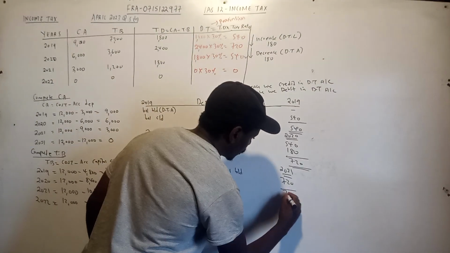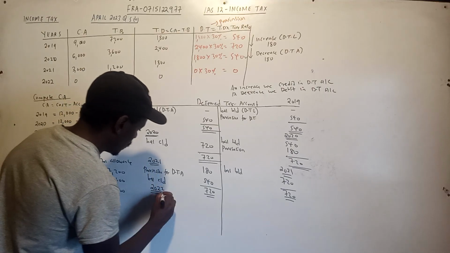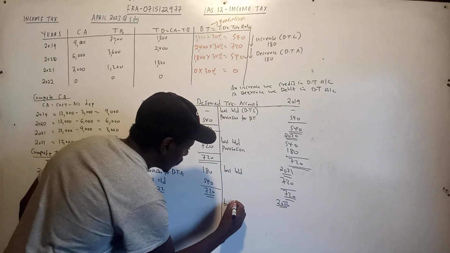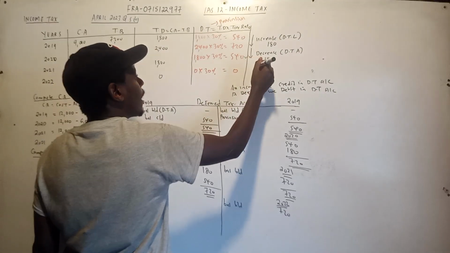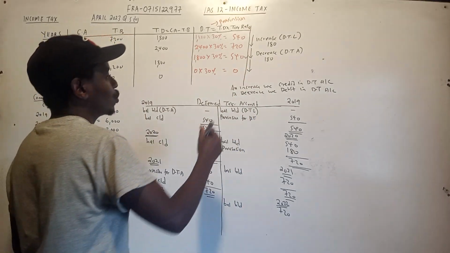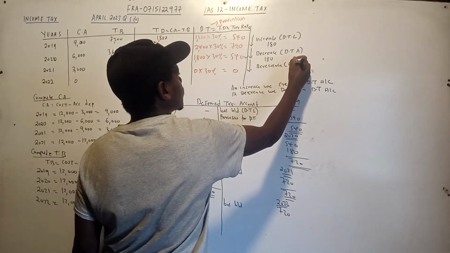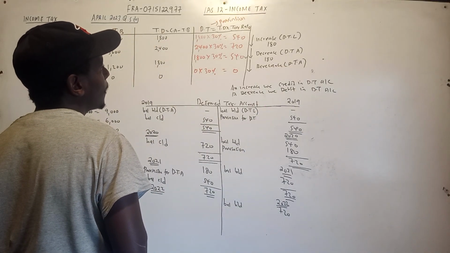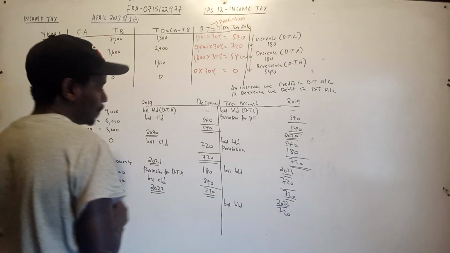So we get 720. Then we go to 2022, which is our last year. We have the balance brought down, 720. Now from here, we have a decrease also, a decrease of the deferred tax asset of how much? 540.